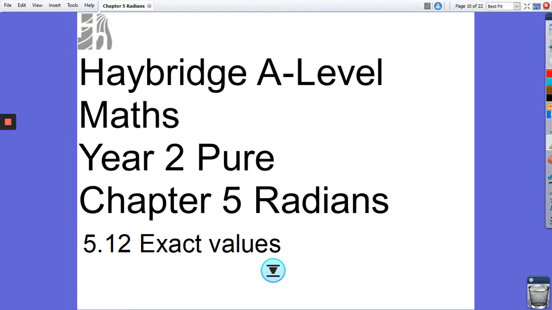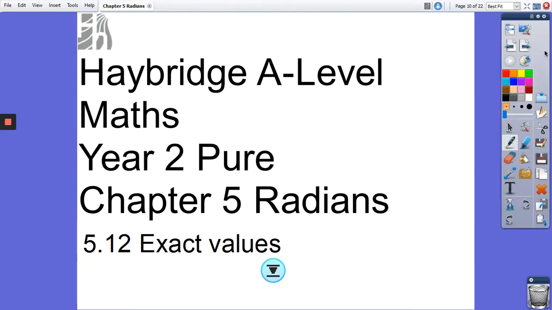So if we're measuring the angle in radians, what does the graph look like? What are the exact values for certain trig angles when we're in radians? That's what we're going to look at today.